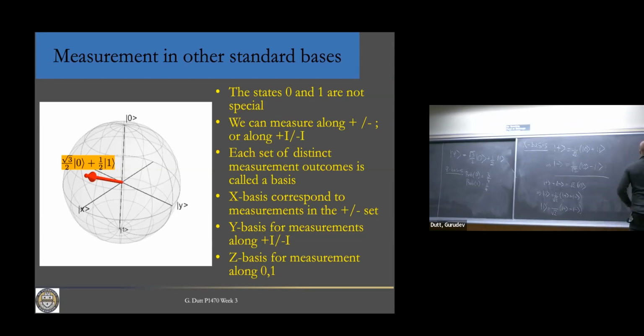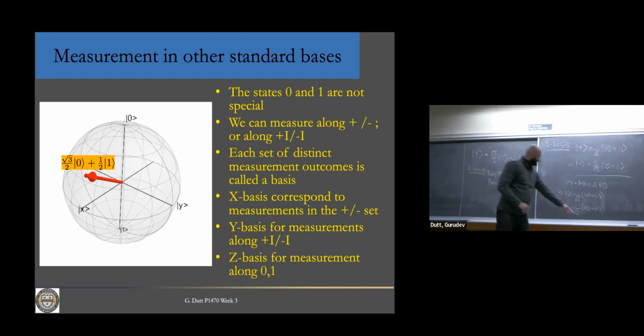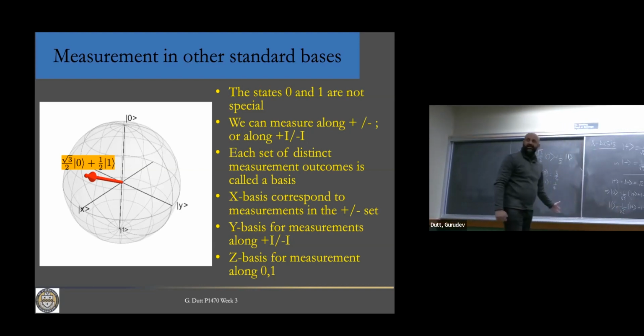Okay, so now I look at that state psi over here. I substitute ket 0 as this combination, and substitute ket 1 as this linear combination. You can see the algebra is a little bit full, but it's not difficult.